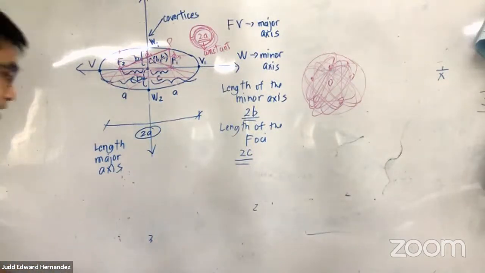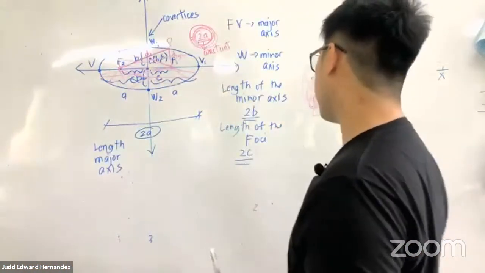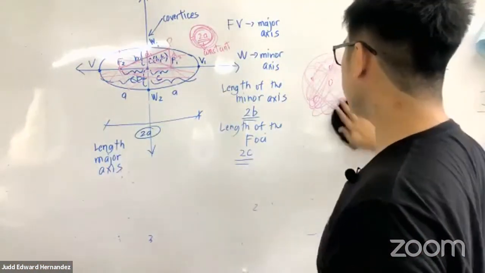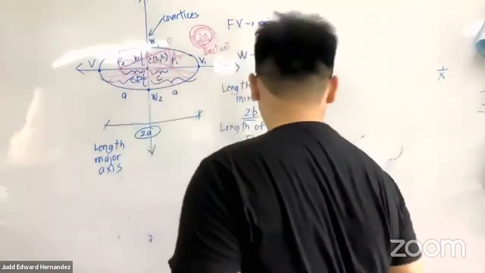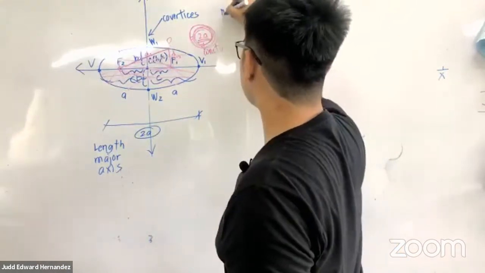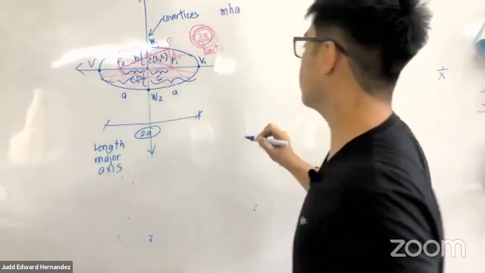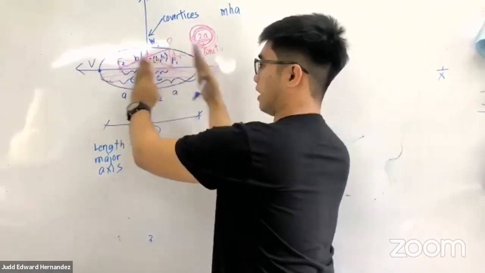So if this is the case, remember, alam na natin that this is major horizontal. So if this is major horizontal, yung formula na gagamitin natin is very simple. Okay, so this is major horizontal axis. Ibig sabihin, pahaba yung ellipse natin sa horizontal.